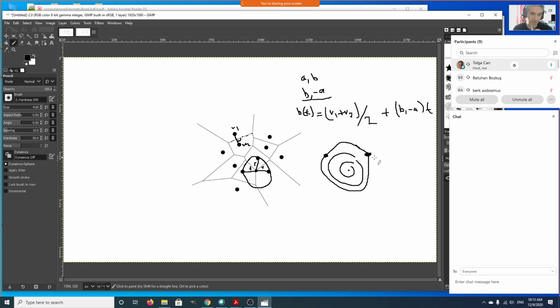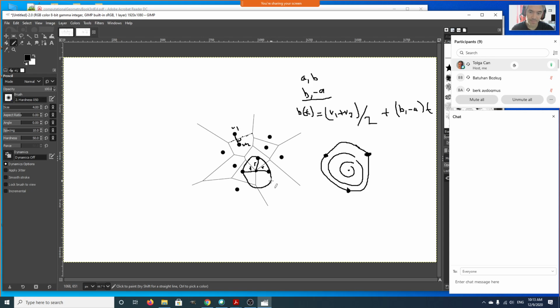It's on the edge between these two sites. If the largest empty circle has three or more sites on it, which means that the first time it becomes non-empty, there are three sites appearing simultaneously on it, it means that it's equidistant to all three of them, and it will be a vertex.